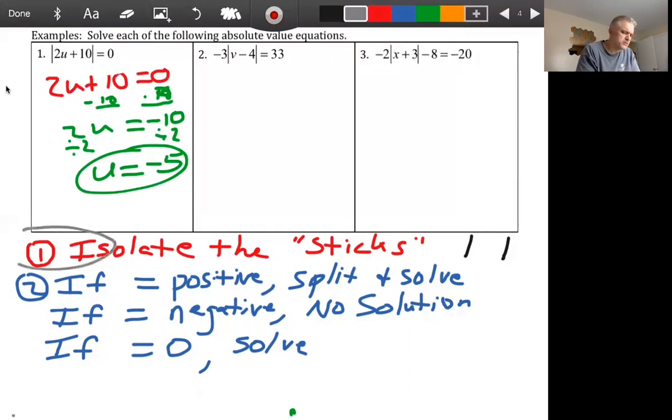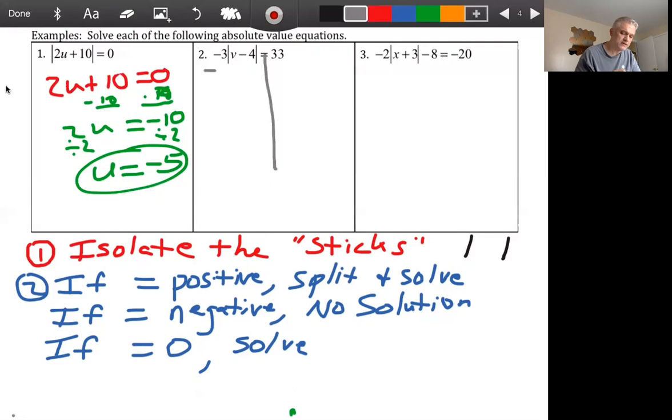Again, the first step is always to isolate the sticks. If you look, the sticks are on the left side of the equal sign, but there's something with them: a -3. Do not do this, because that -3 is not being added or subtracted. That -3 is multiplying.